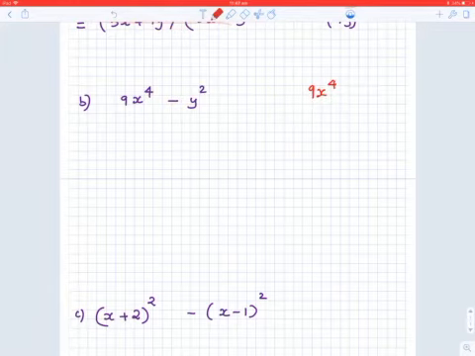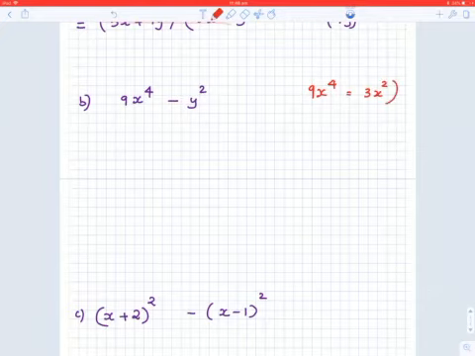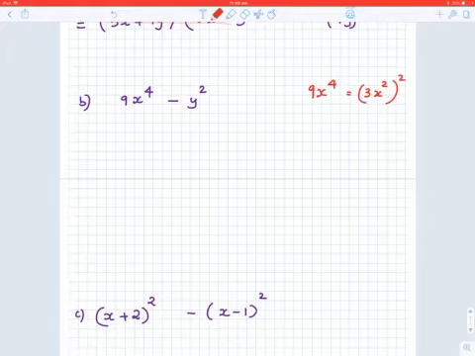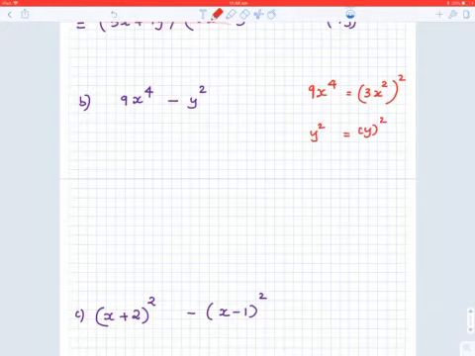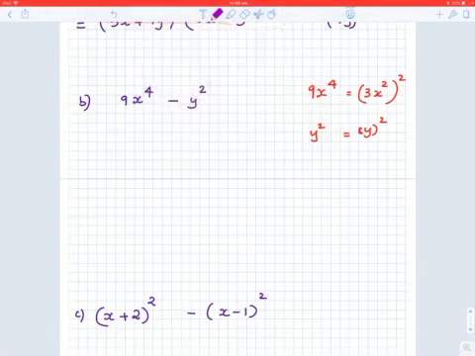Again, 9 is a square number, so this is a perfect square. We can write this as 3x squared, all squared. Then the second one is just y squared. That's okay, we can write it as y squared like this.